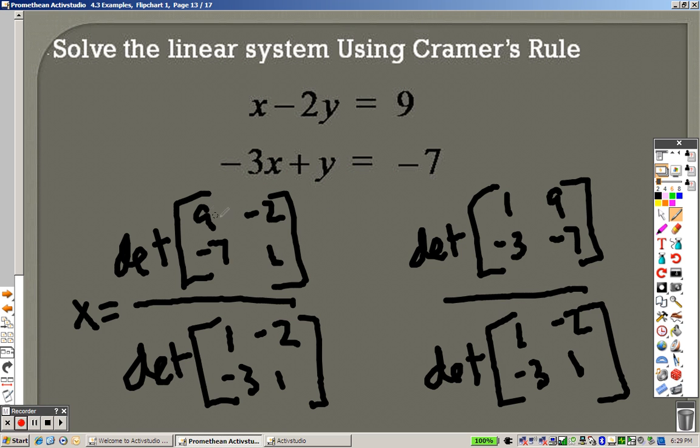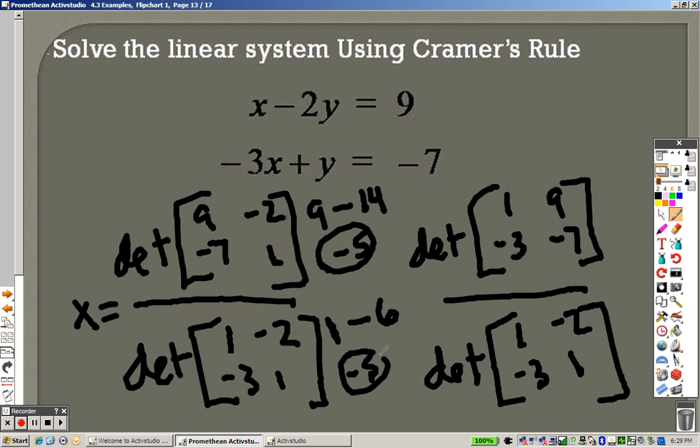So 9 times 1, it's down, minus up, which is 14. 9 minus 14, the top is negative 5. Down minus up, 1 minus negative 6 is negative 5. Negative 5 divided by negative 5, I now know what x is. Well, remember, negative 5 is also the bottom over here, because they're the same.